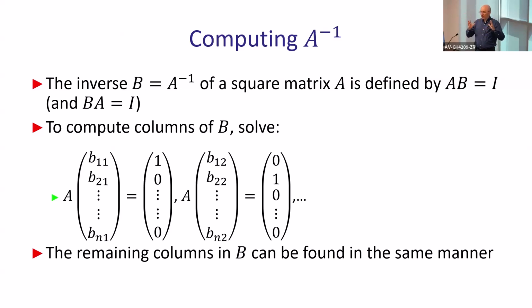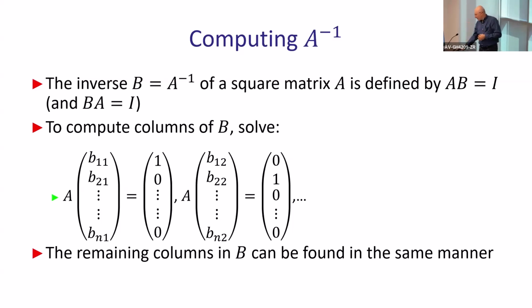So you can think about multiplication of A by B as multiplication of A by the first column of B equals the first column of I, and then A times the second column of B equals the second column of I. So you have a system of systems of equations, and each one of them is a linear system of equations, obviously, that now we know how to solve with LU decomposition. You don't need to invert anything.